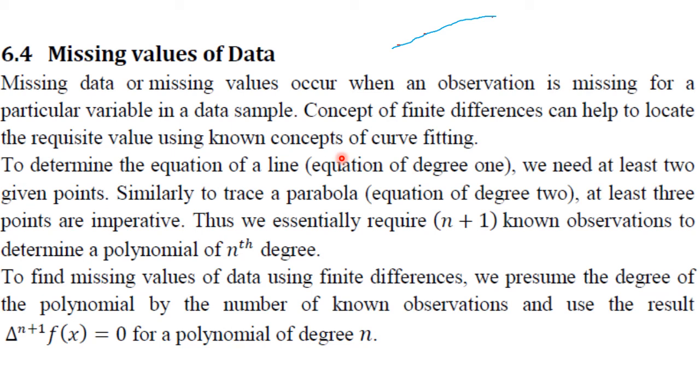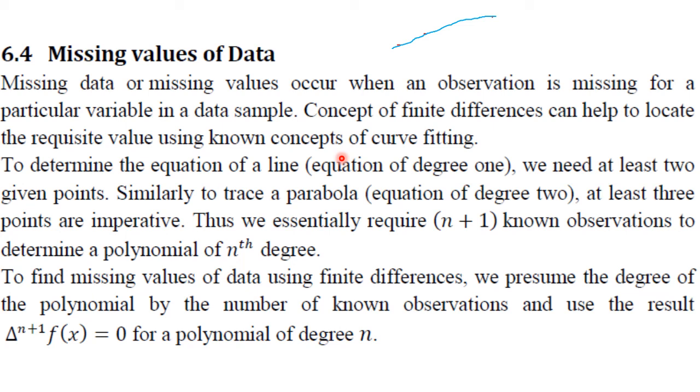Here, students, we use the same concept as in the previous slide: if you want to make a straight line, then of course you need 2 points. If you want to make a curve of degree 2, a second order equation like a parabola, you need 3 points.